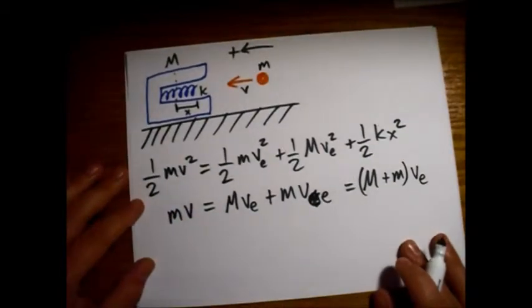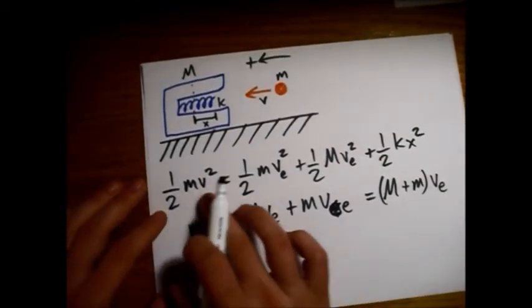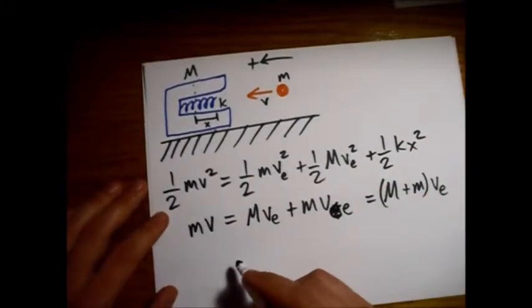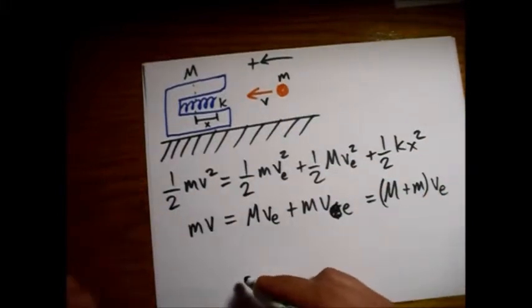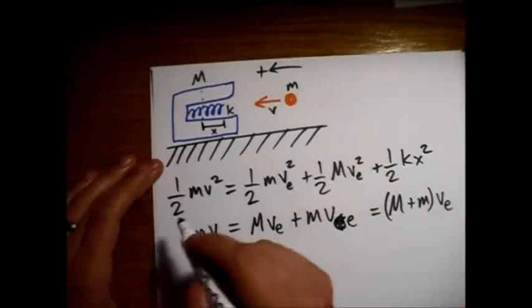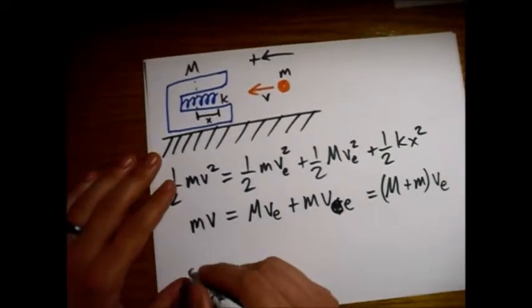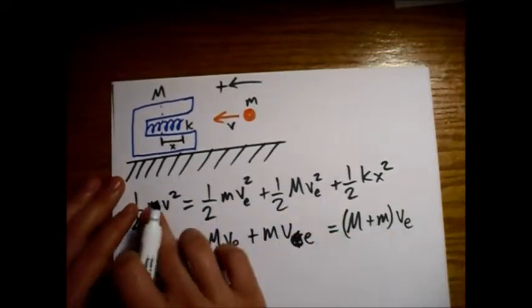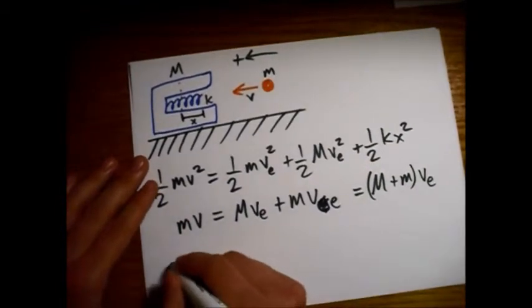Alright, now if we go back to this energy equation up here, one thing we can do is multiply by 2, obviously, and I'm going to subtract this off on both sides.